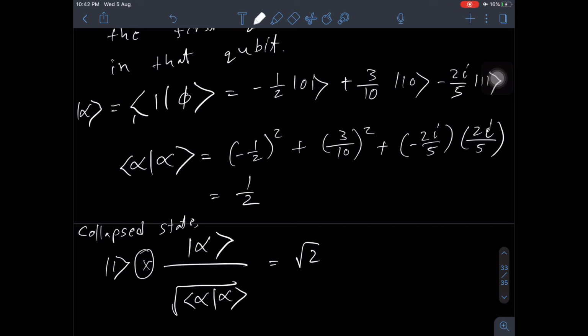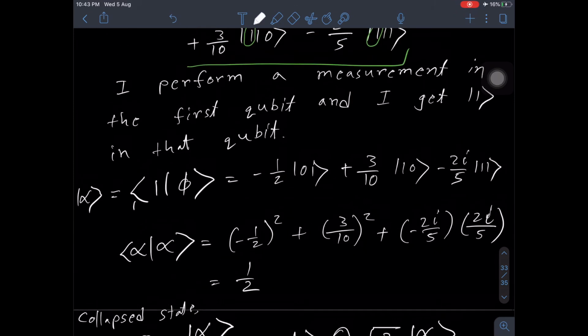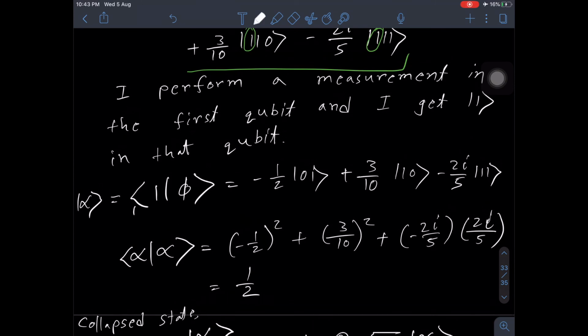I'm sorry, that was the wrong word, not inner product, but tensor product. Okay, so that would be nothing but 1 tensor the square root of 2 alpha. All right, so this is my new state, and the probability of getting 1 in the first qubit is nothing but the norm of alpha, which is half.